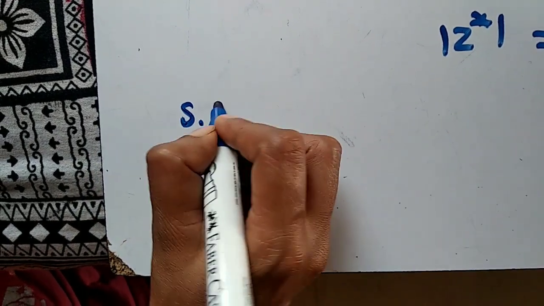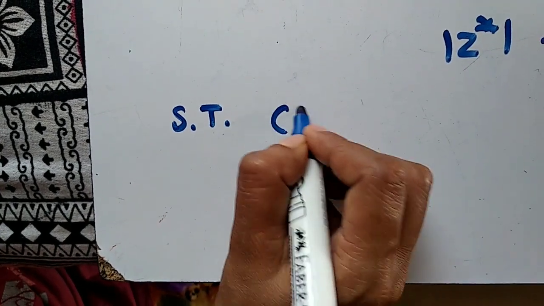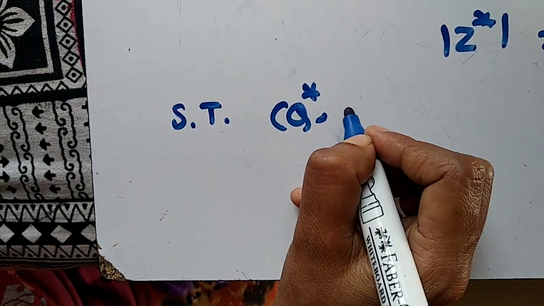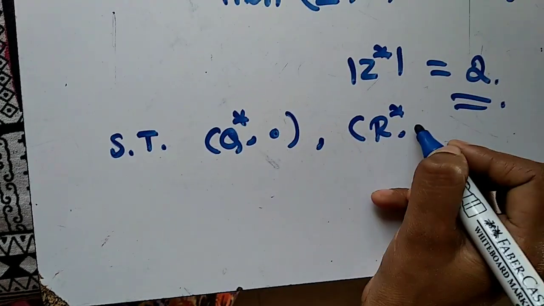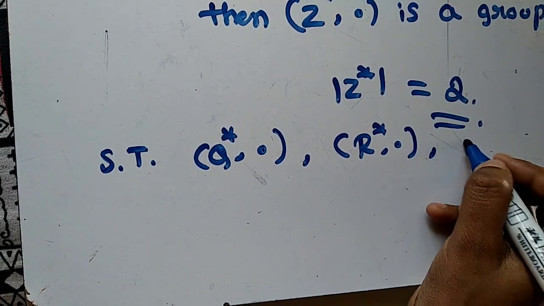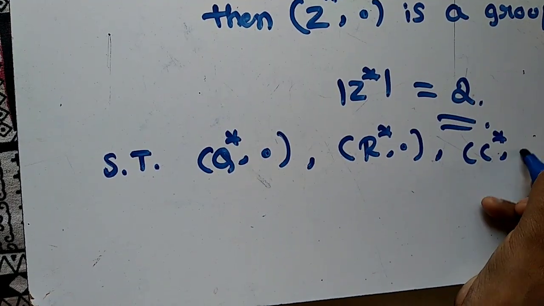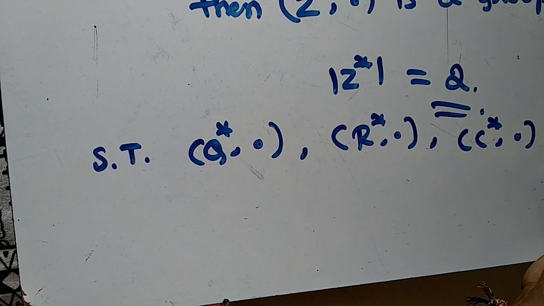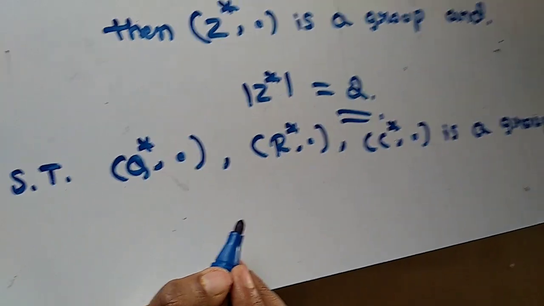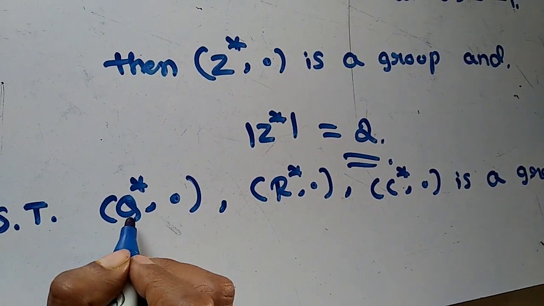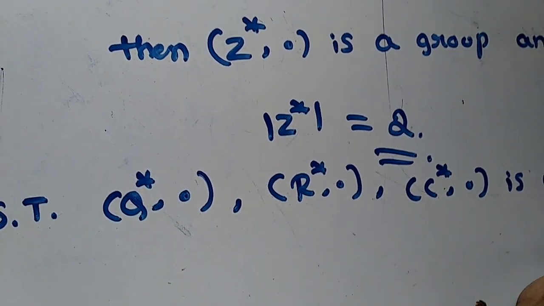So now this is your work. Just show that Q star with respect to multiplication, R star with respect to multiplication and C star with respect to multiplication are groups. Just take the elements which belong to these sets and check.